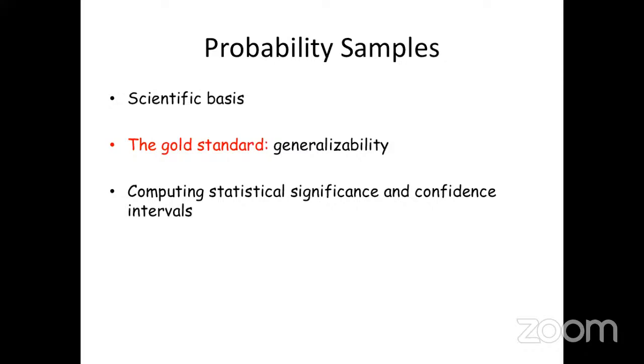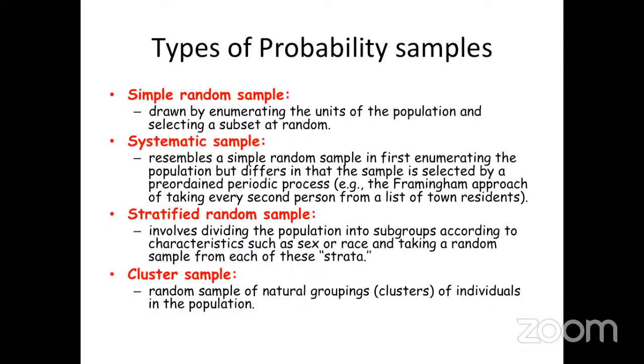So this is more suitable on a scientific basis, and it is the gold standard for generalizability of your observation. It is also helpful for computing statistical significance and confidence interval in a legitimate and scientific manner. Various types of probability sampling methods are available.